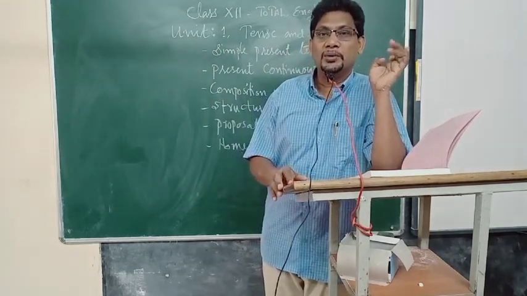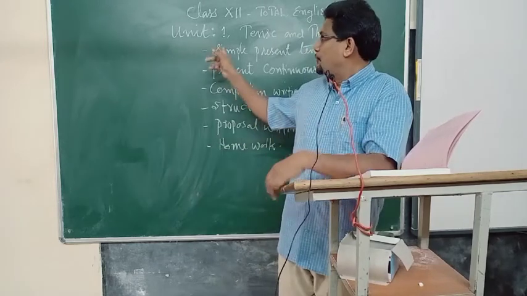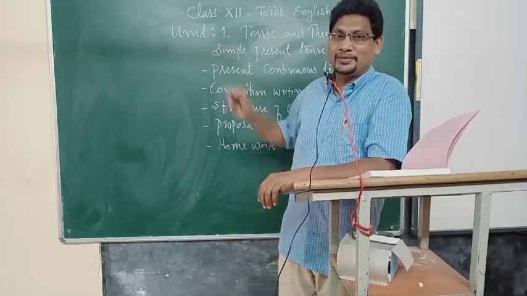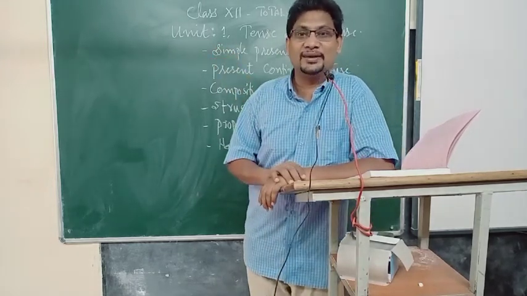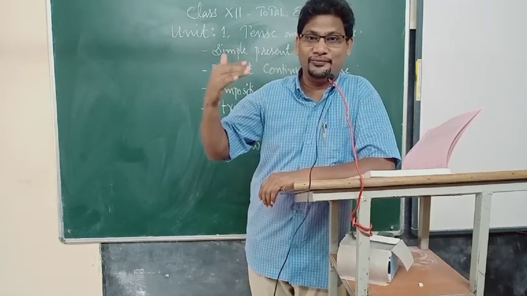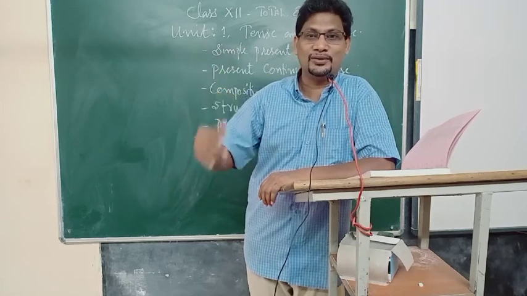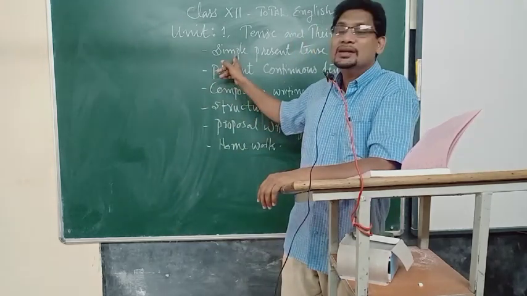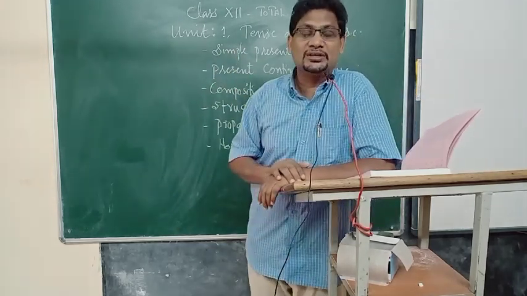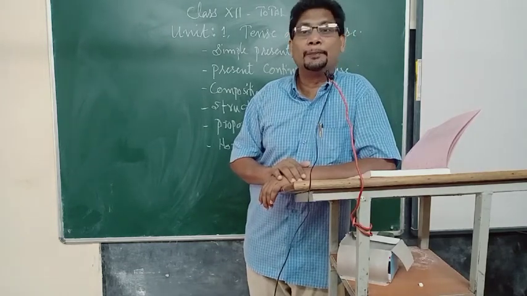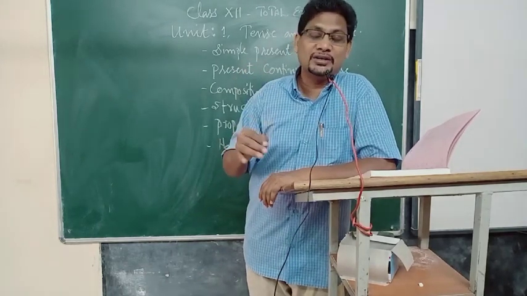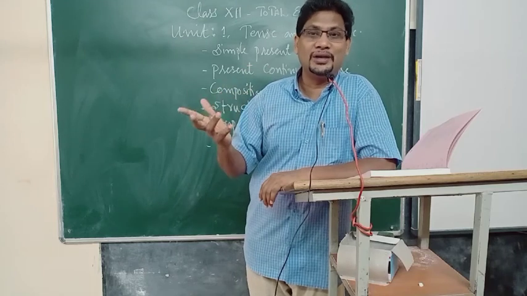Now, how to form the simple present tense or present continuous tense? All the formulas I have already told you. For example, the simple present tense is subject plus the first form of the verb.